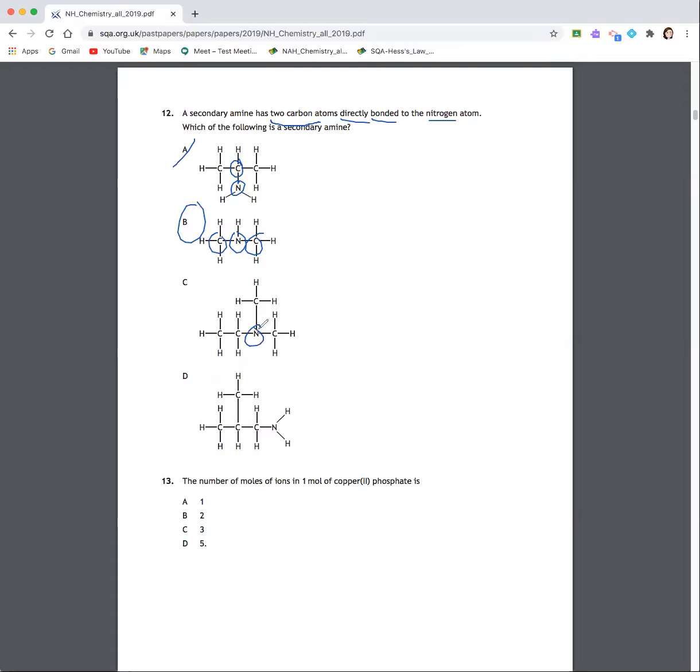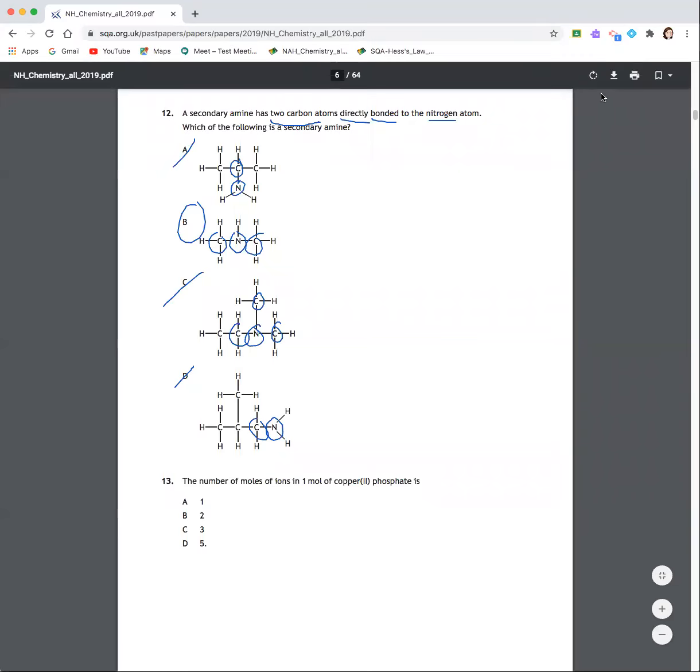If we look at this one though, the nitrogen's here, that's got 3 carbons, so that would be a tertiary one. And D, the nitrogen's here, that's only bonded to 1, so again, that would most likely be a primary. Okay, this is a problem solving question though, because you're told what you're looking for, so you're not expected to know what a primary, secondary, tertiary amine is. You're only doing that for alcohols.